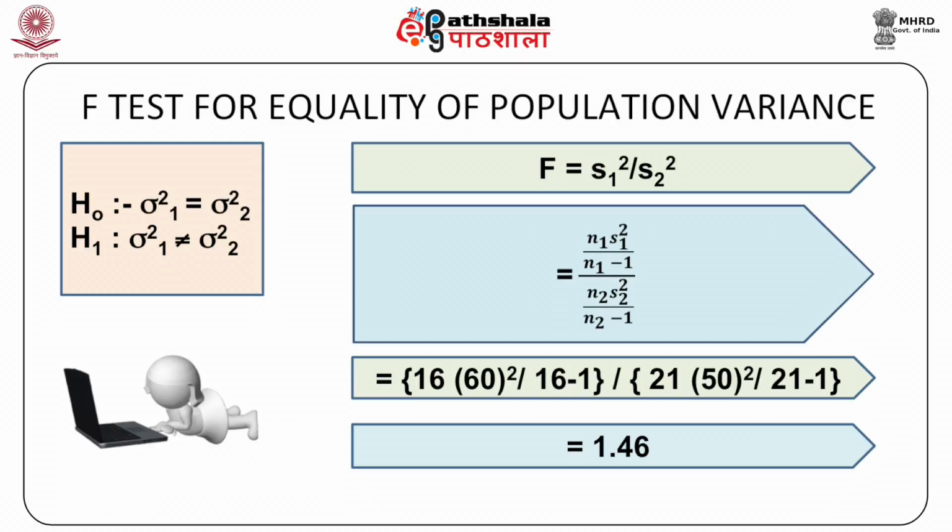This is equal to 57600 upon 15 divided by 52500 divided by 20, which is the same thing as 3840 divided by 2625, which is equal to 1.46.